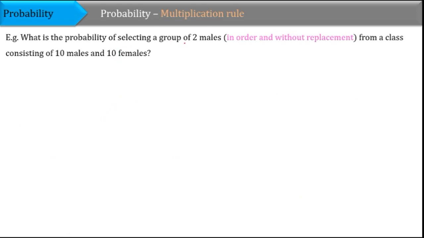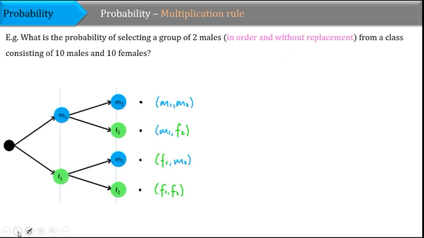Now, what about if we still have the same class, but now we're selecting two males in order and without replacement? Okay, without replacement. We still have the same possible outcomes, and we still have the same probabilities to start off with.